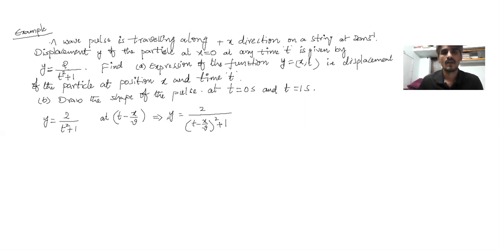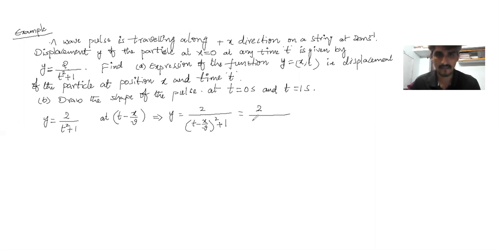Okay, now after t minus x by v time interval, I'm going to write y is equal to 2 by t minus x by v whole square plus 1, so that we will get it as 2 by, now what do we get?